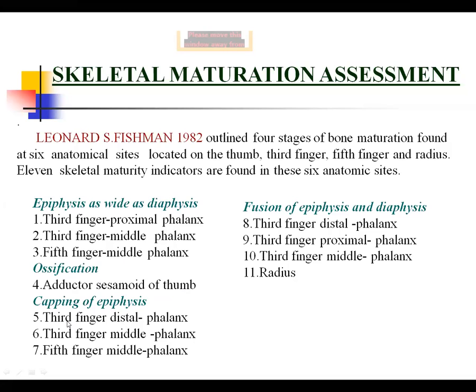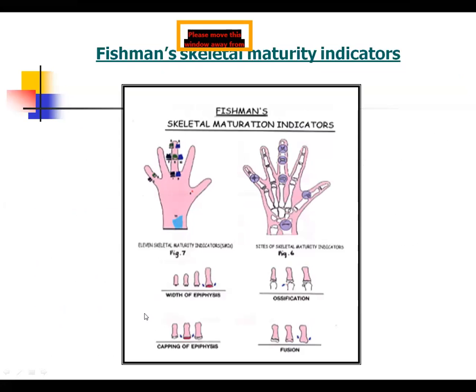The next stages are stage 5th, 6th and 7th. In all these 3 stages, there is capping of epiphysis. In the first stage, the width was the same, but there was no capping. In these stages, there is capping of epiphysis.